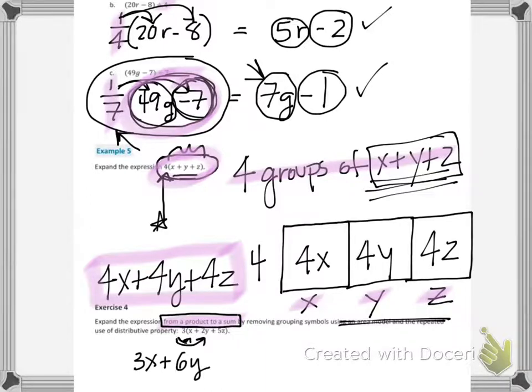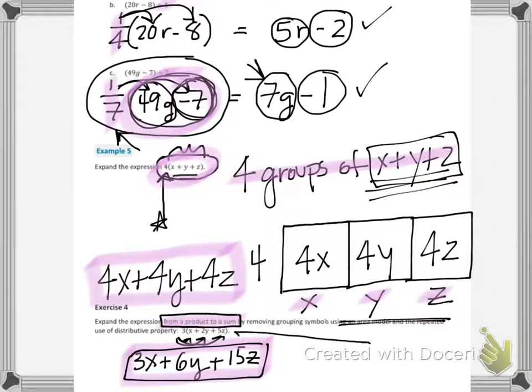And then 3 times the 5z is 15z. And there we go. We have created a sum from a product. This product expression is equivalent to this sum expression.